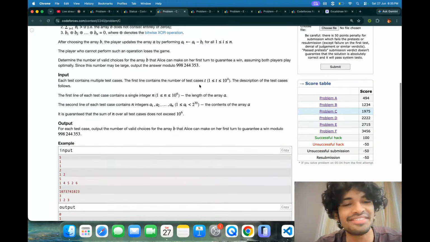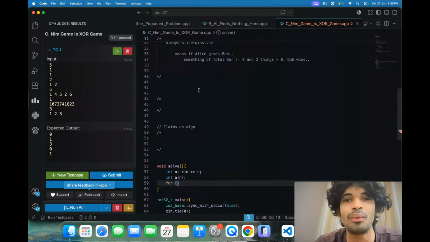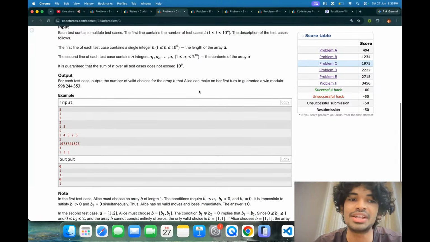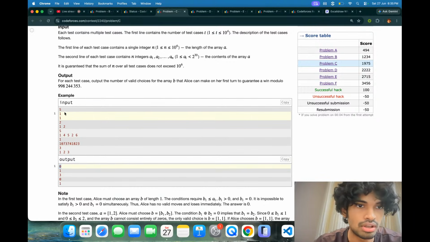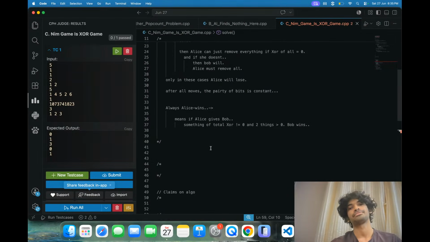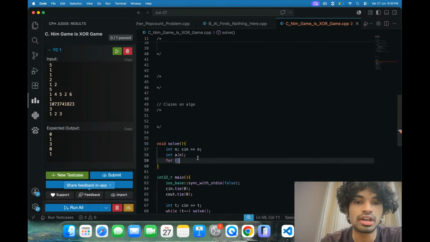998244353 is never necessary here. It's always either one or, oh, there are 0. Okay, if there is only one non-negative, then it's zero. Yeah. If there is only one non-negative, then it is zero.